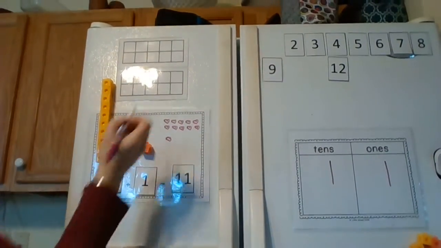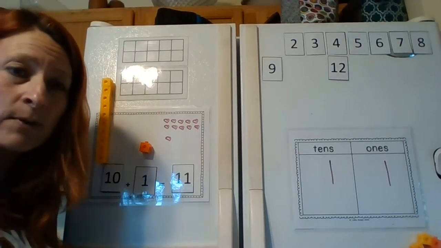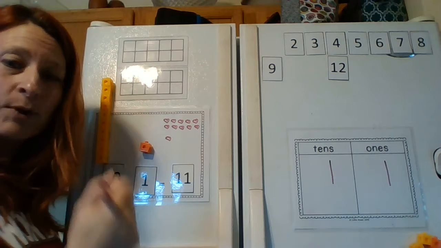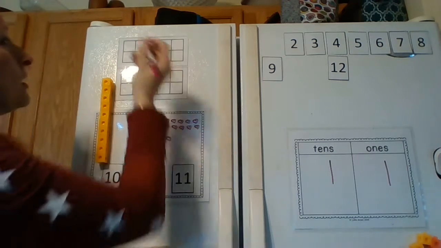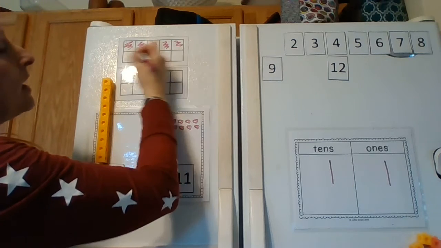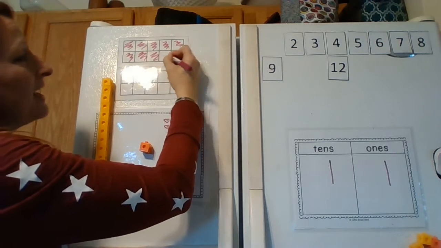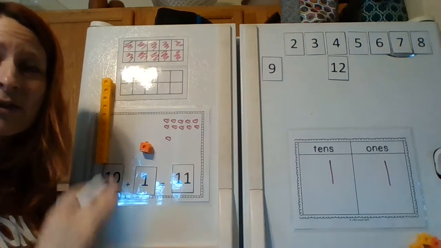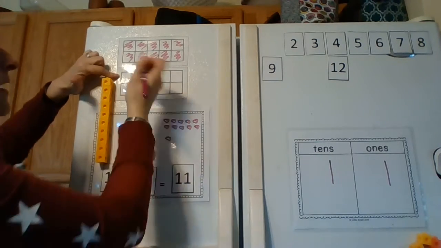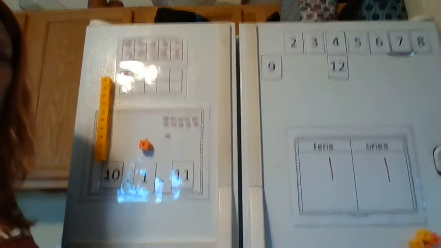And to do a 10 frame, we would color them in. And I know we remember doing 10 frames when we did the numbers 1 through 10. With a 10 frame, you do the same thing. So you color 1, 2, 3, 4, 5, 6, 7, 8, 9, 10. So there's 10 of them in that 10 frame, but I have another 10 frame. So I just do the first one.